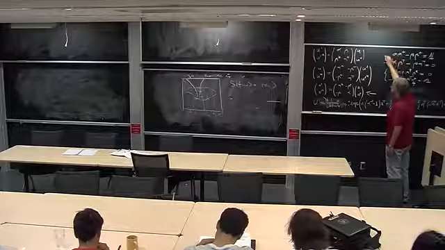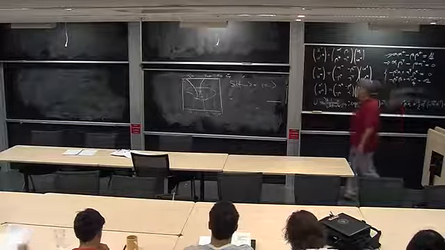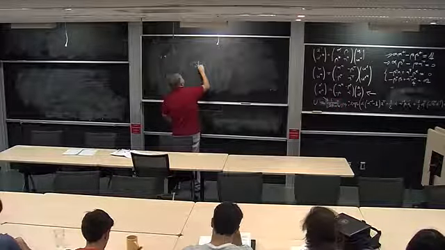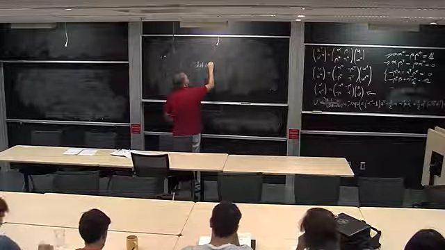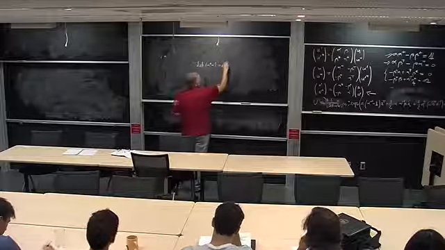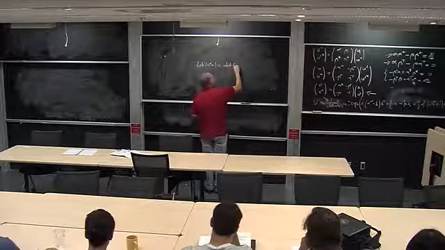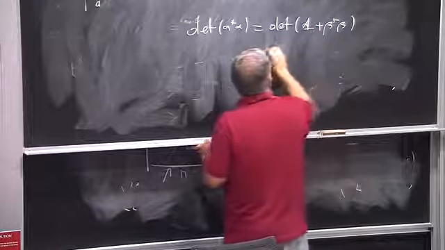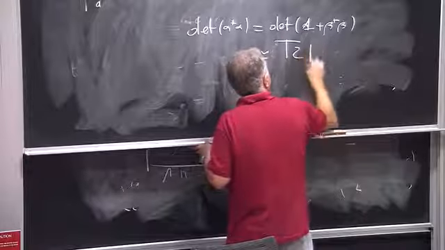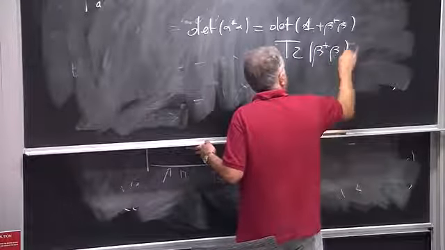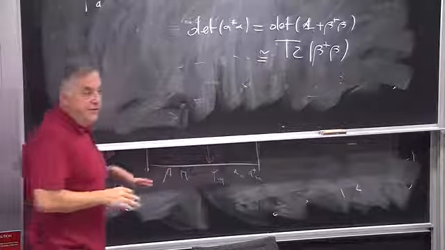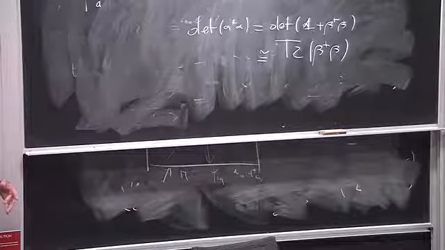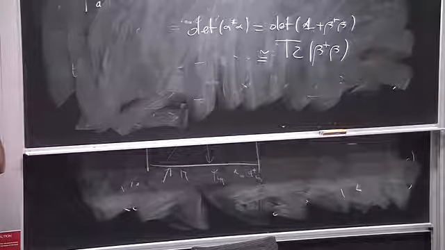Because of this relation, the fact that the determinant exists is the same as the existence of the trace of beta star beta, okay?